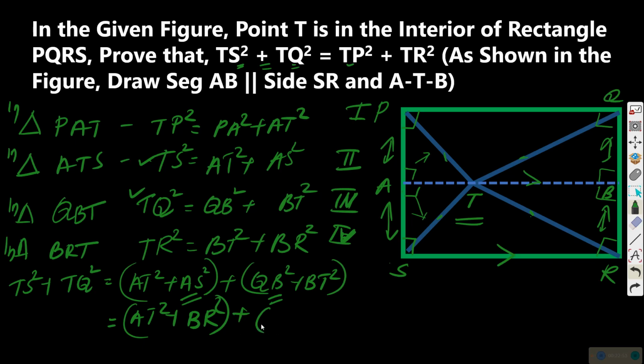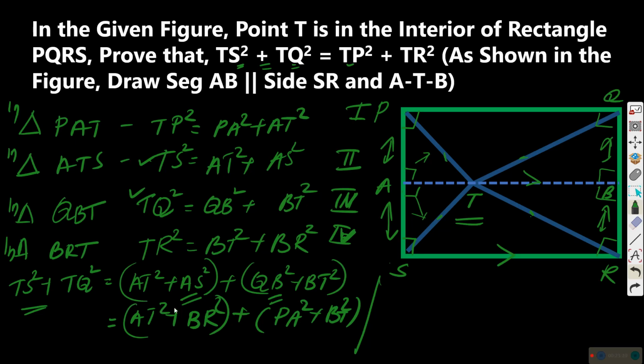Then instead of QB, PA square plus BT square. Actually all these are simple additions, so we will open the bracket. Once we open the bracket, can we equate it with what we need?